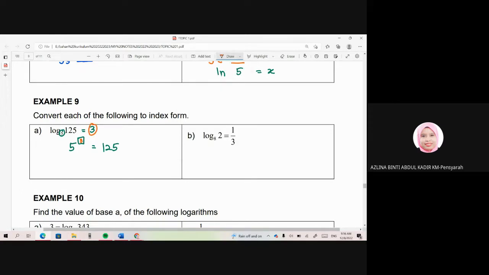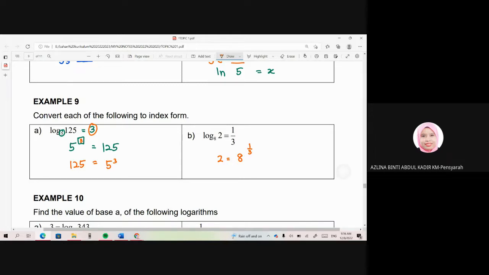So 5 cube is equals to 125, or 125 is equals to 5 cube. Same. Okay. Log 2 base 8 is equals to 1/3. So 2 is equals to 8 to the power of 1/3.